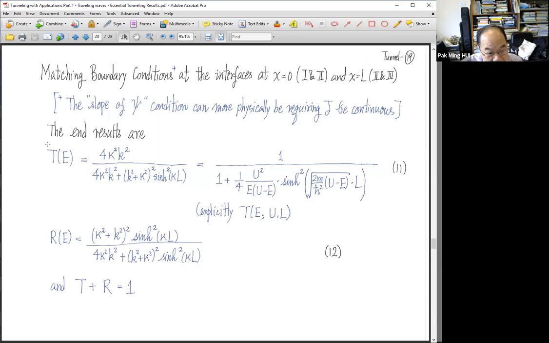Independently, you can add these two things together and prove this to be equal to 1. If you are confident enough after solving it, then you can use R is 1 minus T to get this expression. Okay, now that is the case when you don't have absorption. If you have absorption, then T plus R is not 1. You have some energy lost.